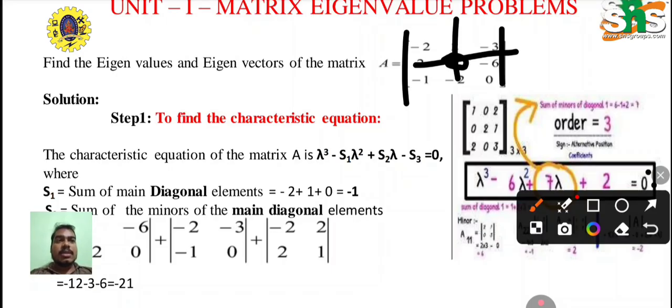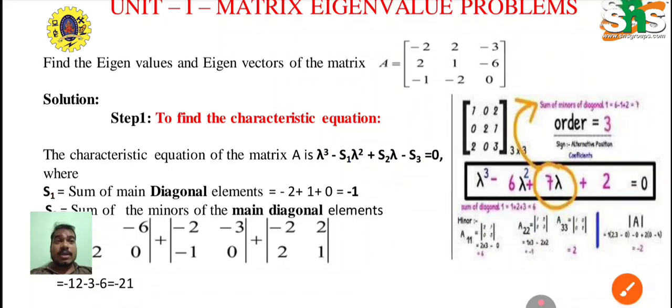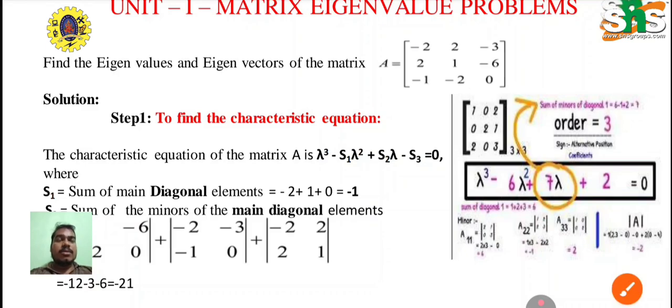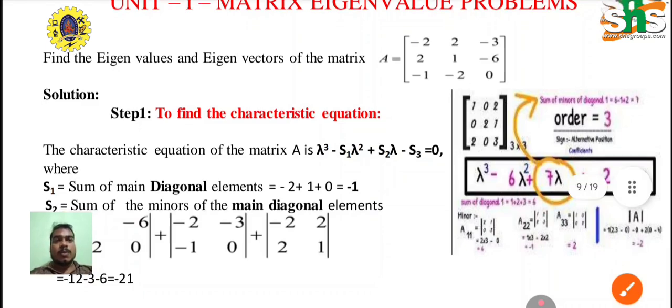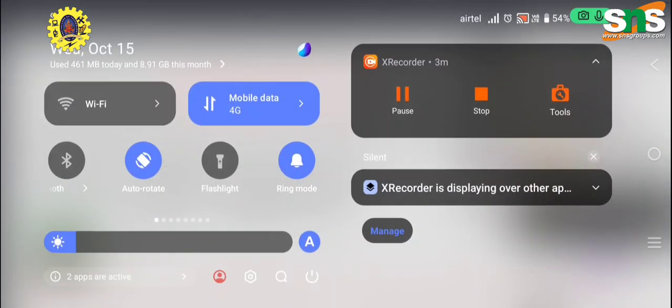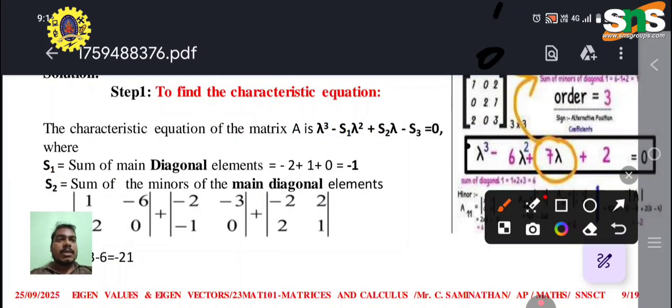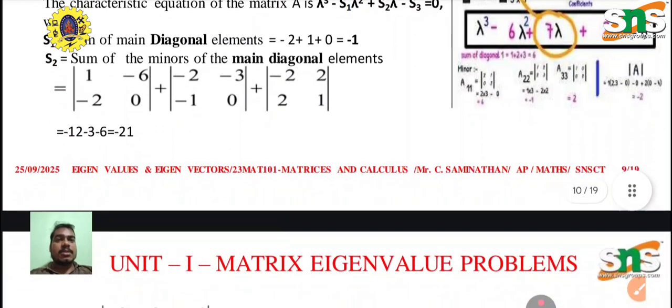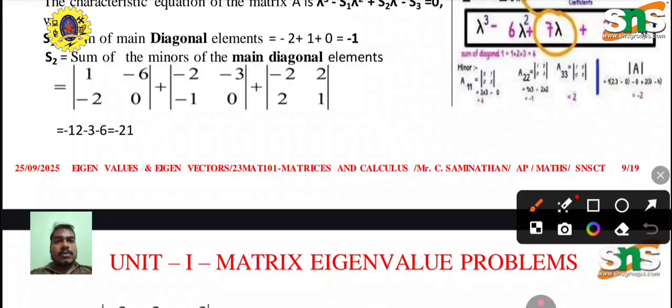Then the minor of 0, by hiding the third row and third column, and the determinant of the remaining elements. The total sum is minus 21.